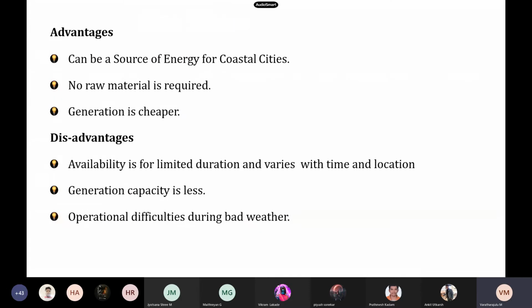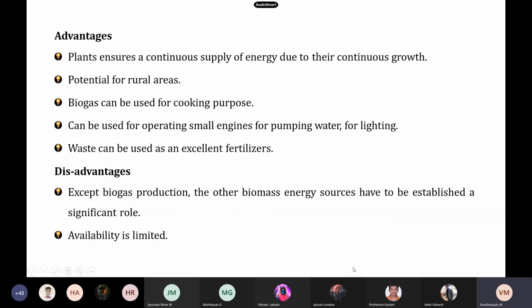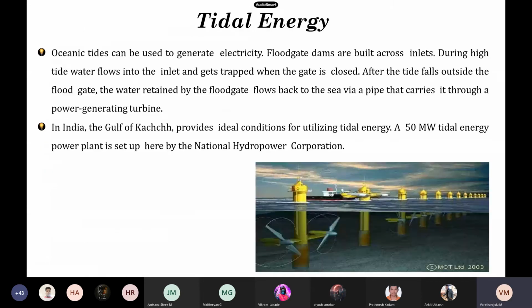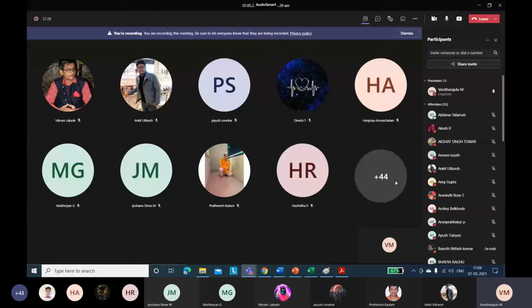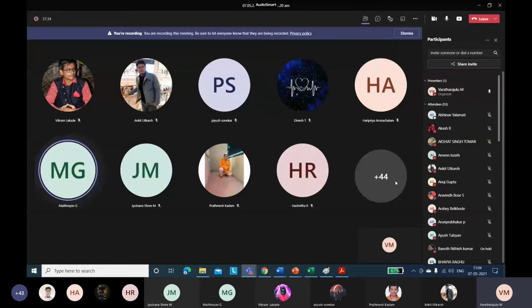The Gulf of Kutch, in India, has a 50 kilowatt tidal energy plant, and that was about India's tidal power generation, Maitreyan. Anyway, we are going to talk about it in detail. This is the eagle view; we are going to make a detailed view one by one.